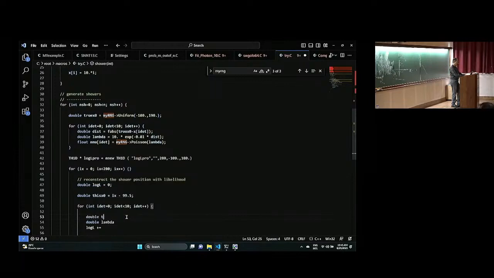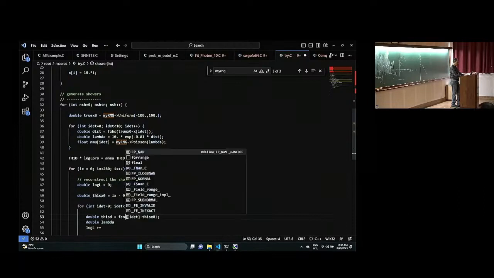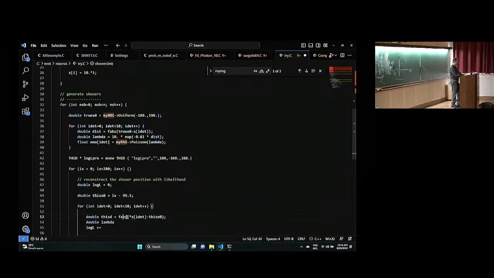So this distance is equal, we said, x of I det minus this x0, and we take the absolute value of that. And then we compute the lambda as 10, our model, times the exponential of minus 0.01 times this distance, okay?